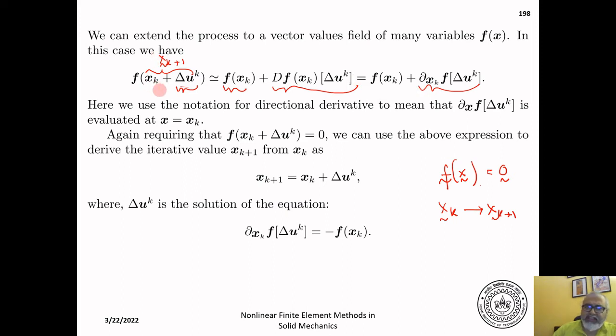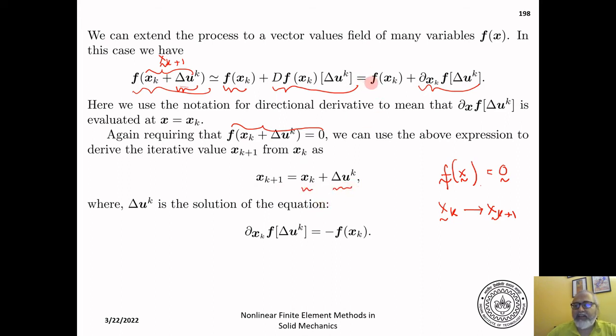So this is the quantity that we have to determine. Now, just like in the 1D case, let us set this quantity at xk plus 1 equal to 0, and the new estimate of x is xk plus delta uk.